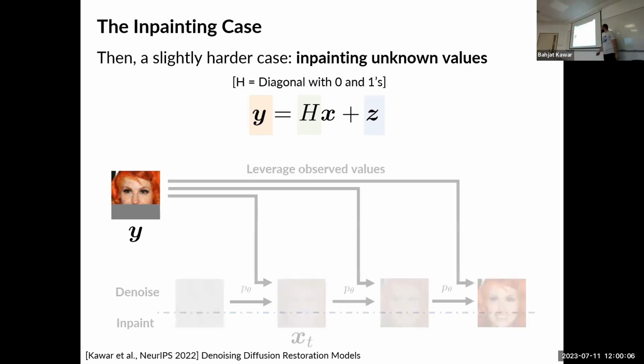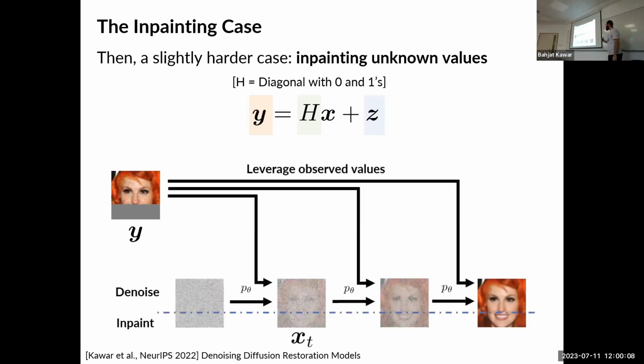How are we going to do that? We'll split into cases where we have observed pixels and unobserved ones. In the observed ones, we look very, very similar to the denoising we just saw, right? They're just pixels with noise. We can say that this one is y with the matching noise level, and just start from here and go on. But because we're trying to solve this on a global level for the entire image, we're going to have to start from completely random noise.